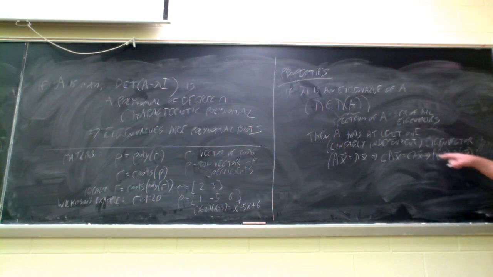So x is an eigenvector, cx is an eigenvector. But there's always one particular direction, like a unit vector, that serves as an eigenvector. Now, there could be more than one. It's possible that a given eigenvalue has more than one linearly independent eigenvector associated with it. So the eigenvalue is like a repeated root of the characteristic polynomial. That can happen.